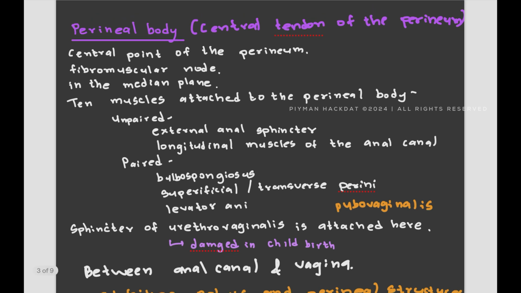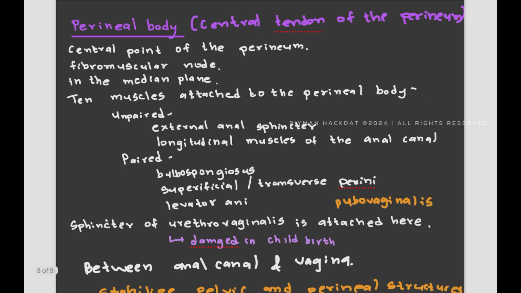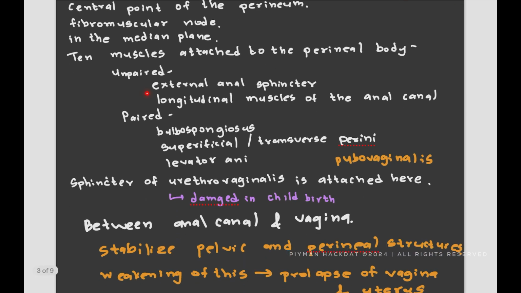The perineal body. The perineal body is actually the center point of the perineum, so it is also known as the central tendon of the perineum. This is a fibromuscular node in the median plane, and there are about 10 muscles attached to the perineal body, 2 of them unpaired and 3 of them paired.